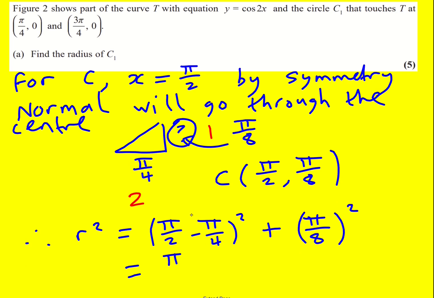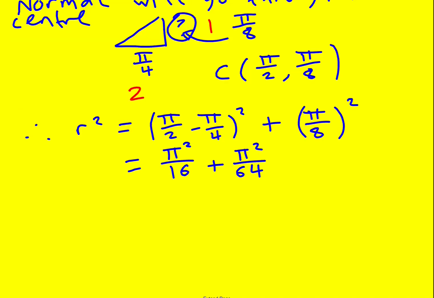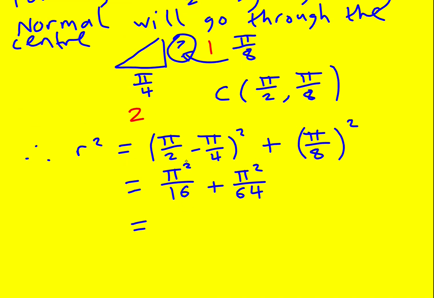So this will be pi over 4, which when I square it will give me pi squared over 16. Then I'm adding pi squared over 64, which will be 4 pi squared over 64 if I times top and bottom by 4. If I then add it, I'll get 5 pi squared over 64. And therefore, r is going to be the square root of 5 times pi over 8. I can just square root each term separately.